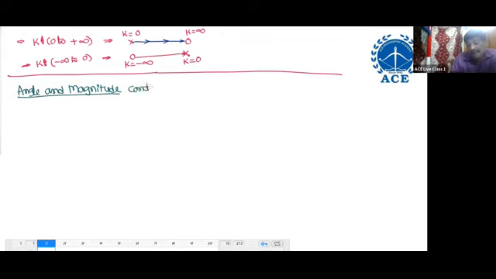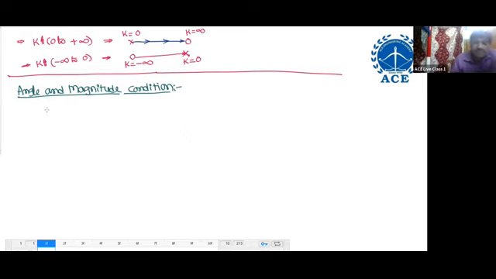For what is this angle and magnitude condition actually? See, there are a total of 8 rules.